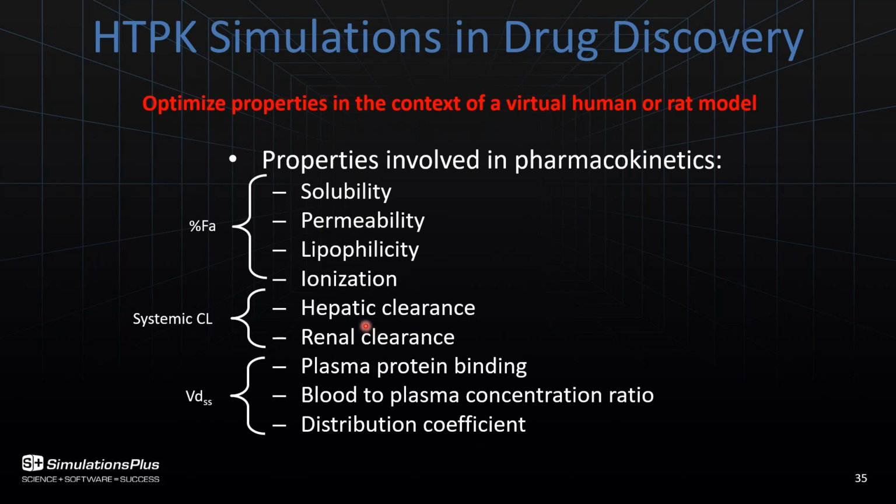So for example, hepatic or systemic clearance not only includes the liver microsome clearance, but it also has to include the fraction unbound in plasma and the RBP ratio, along with the liver blood flow. So with the HTPK simulation, you can simulate these and take all these properties into consideration at the same time.